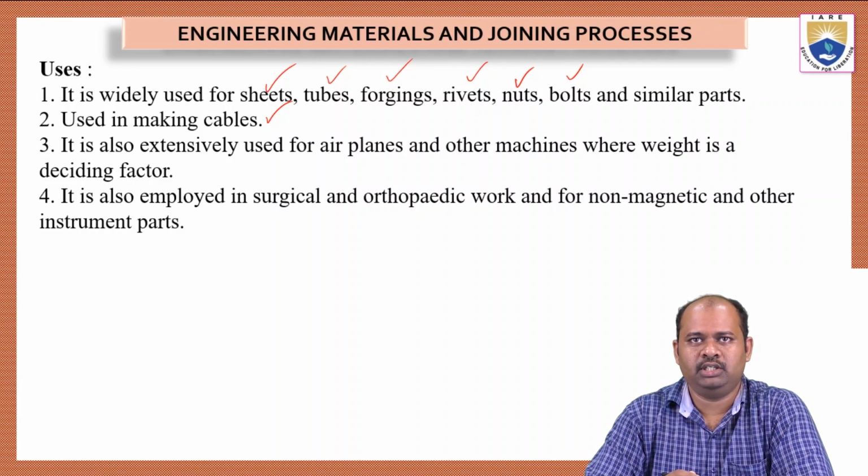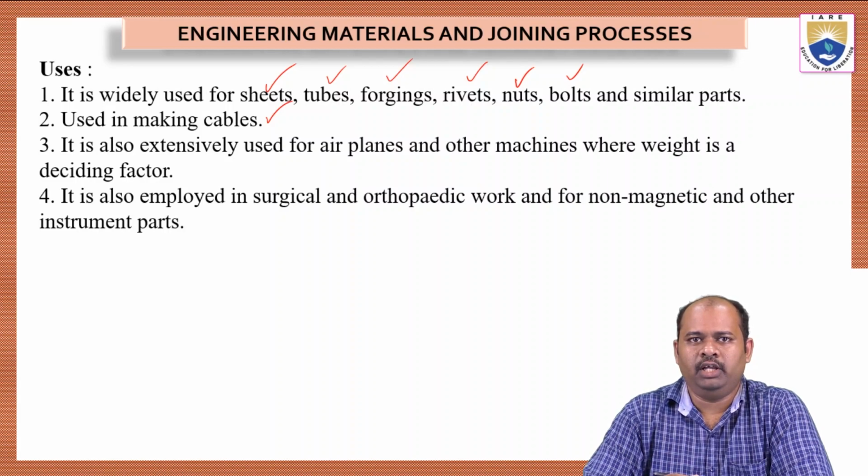It is also extensively used for airplanes and other machines where weight is a deciding factor. We have said earlier that aluminum, when compared to iron, has very less weight because the specific gravity is very less. So in the place of iron, we can use aluminum or its alloy like duralumin, which can bear the same load but at lesser weight.